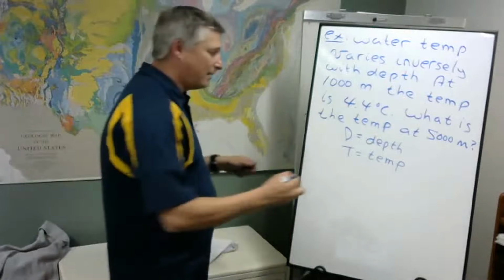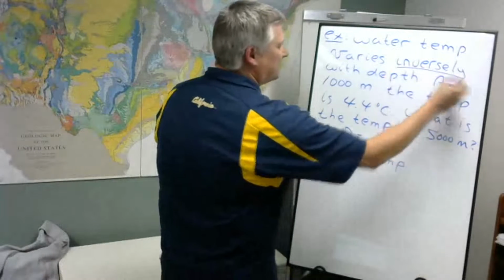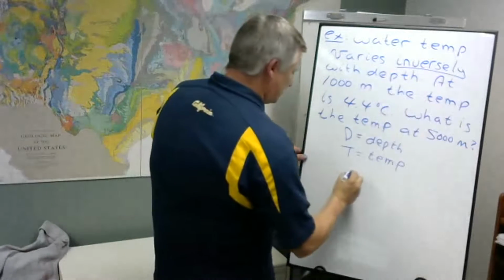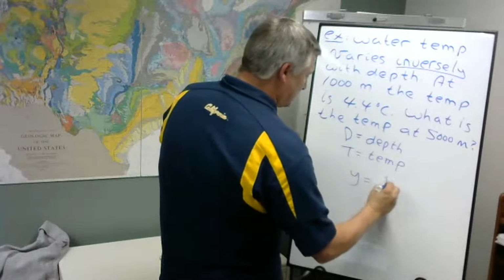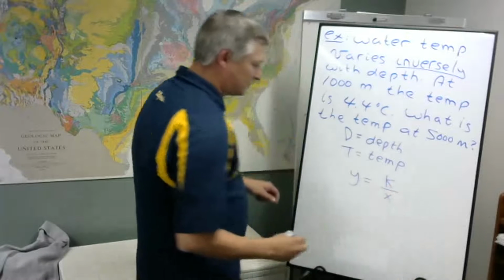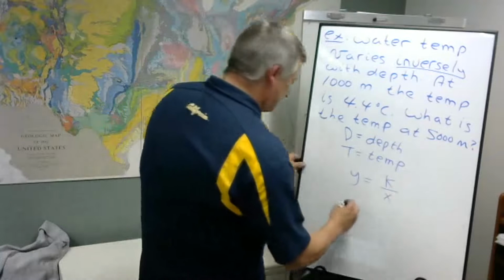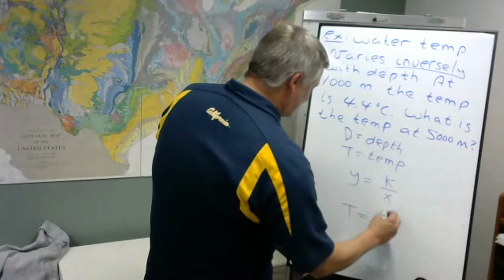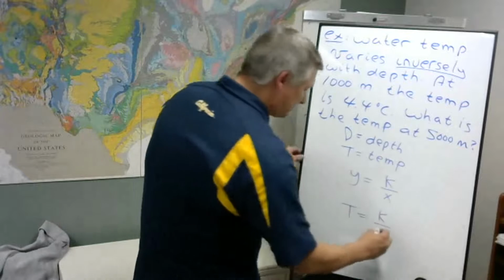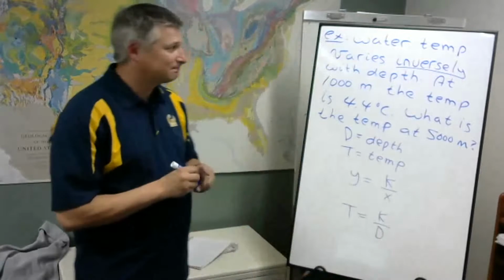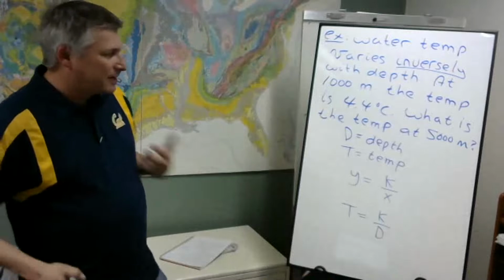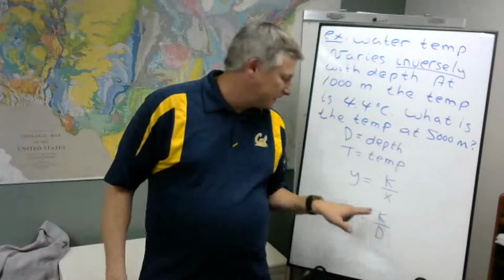And so the way this sets up, because this is inversely, we use a model like this. Output Y, for us output will be temperature, and then k over the input, depth. So now we need to use the information to find k.